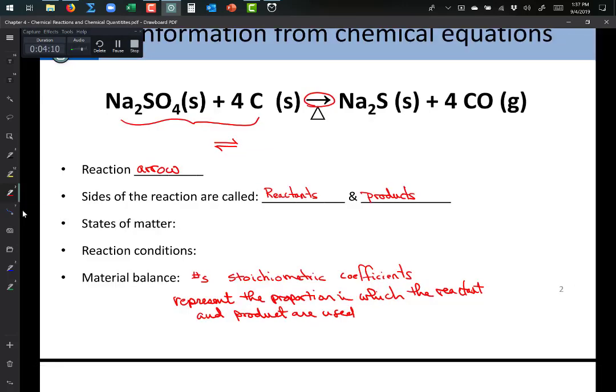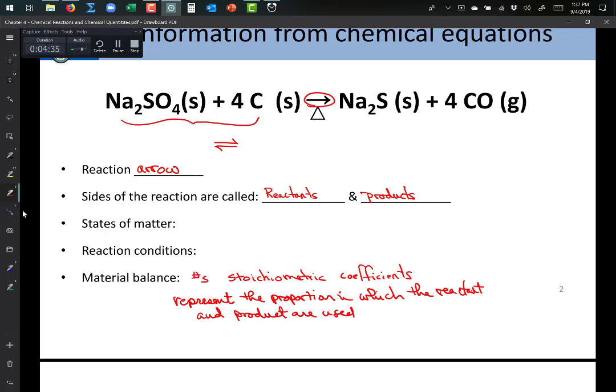And those numbers are locked together. That's just the way it always occurs for these things. So if I used up 4 carbons, I would produce 1 sodium sulfide on the right. If I used 8 carbons, I'd have 2 sodium sulfides there. They just have to go in those proportions.